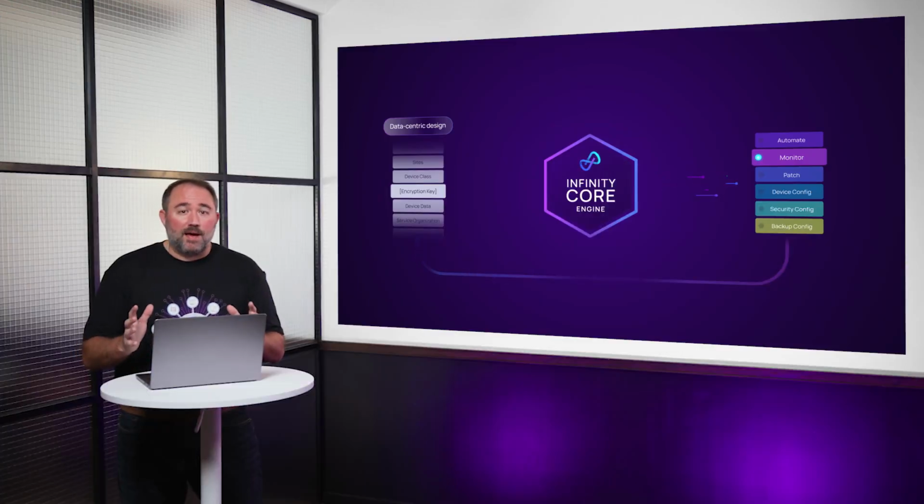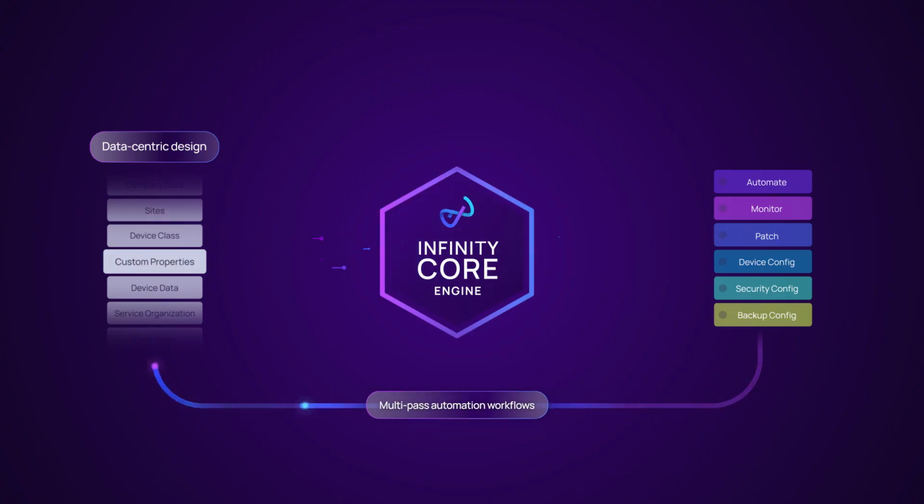We know that things happen. It's a matter of when. So having these custom properties used as variables is really important. You can also create multi-pass workflows with that. So you monitor for something, you push it out to those devices, you detect something, you want to catch a variable.